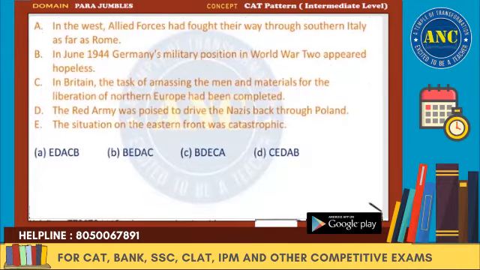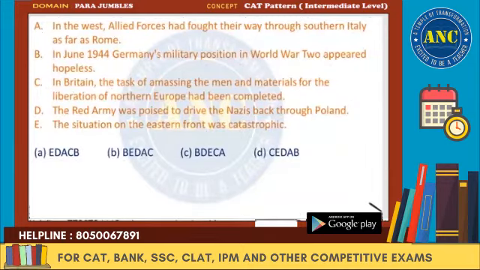A says, in the West, Allied forces had fought their way through southern Italy as far as Rome. C says, in Britain, the task of amassing the men and materials for the liberation of northern Europe had been completed. In D, the Red Army was poised to drive the Nazis back through Poland.